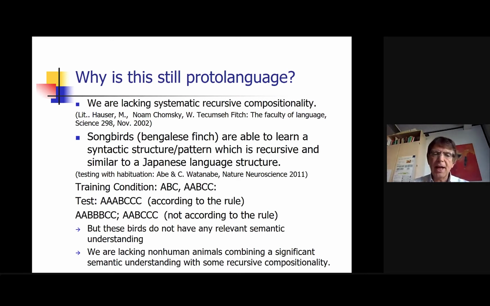So looking at non-human animals, we are lacking a combination of a significant semantic understanding with some recursive compositionality in the syntax. So this seems to be something that we have at least not observed so far in any non-human species. So now coming back to the background that we have characterized concept possession as consisting in a certain cognitive package of cognitive abilities.